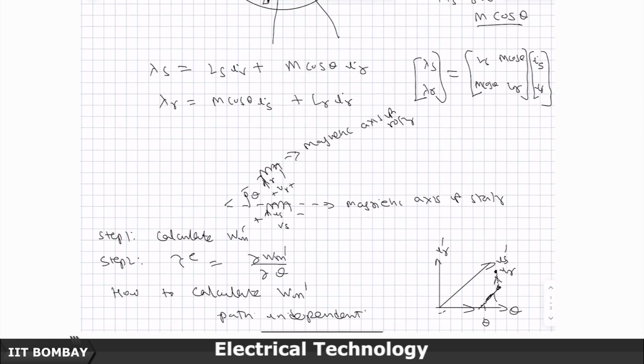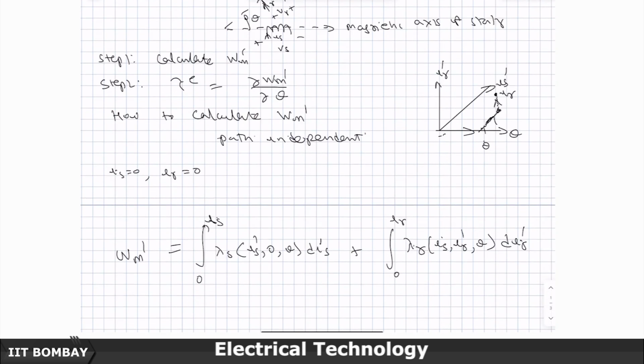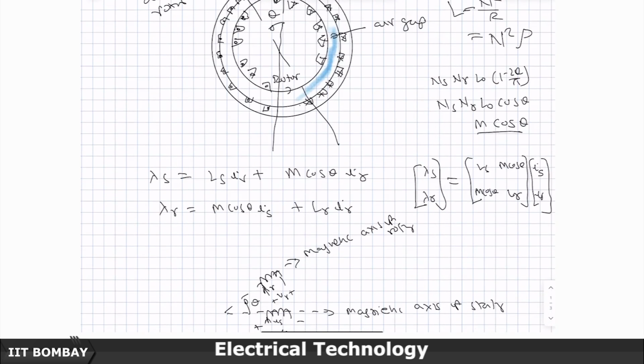Now, if you look at it here, because in the first term IR dash is set to 0, this term is not going to come into picture.